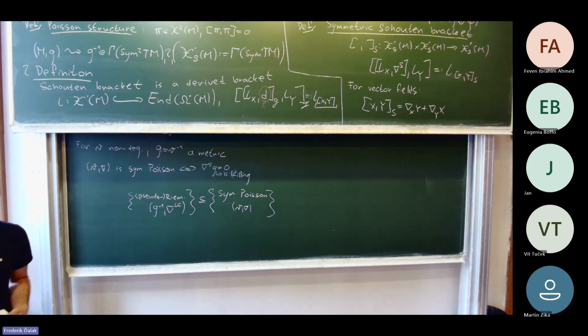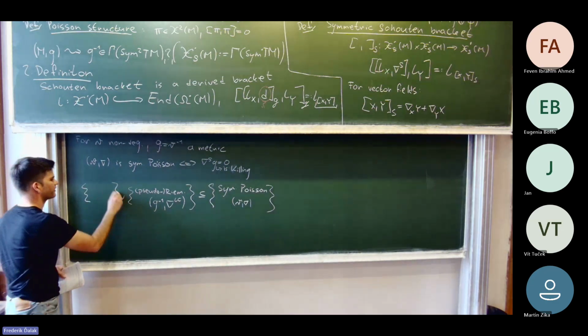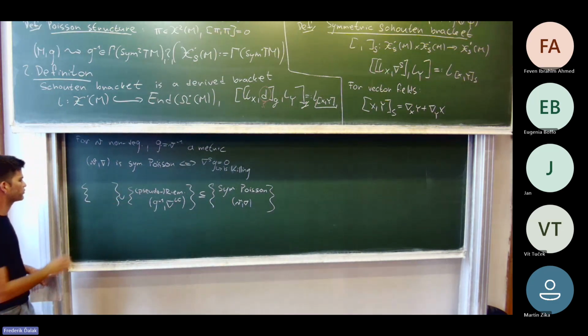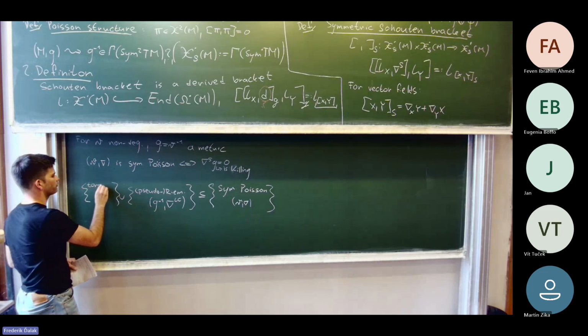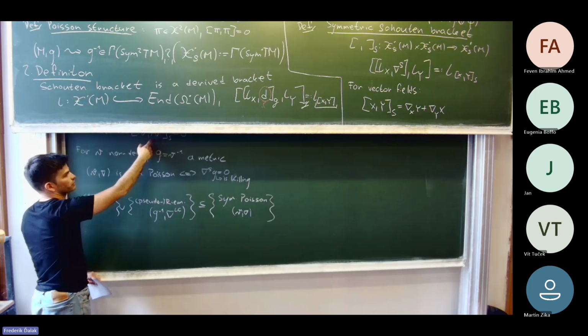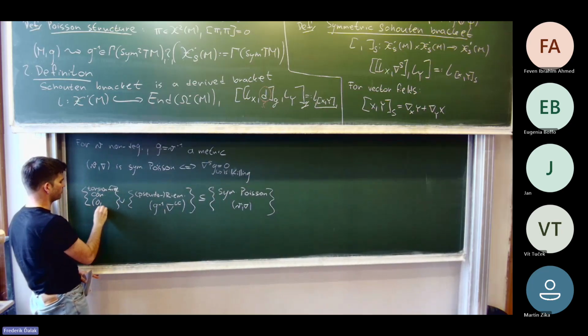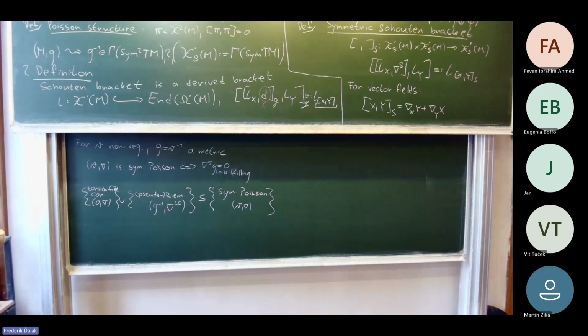You can take a zero theta, and there you get another class of symmetric Poisson structures, and these are like torsion-free connections. When theta is zero, this condition here is automatically satisfied, so any connection can be seen as a symmetric Poisson structure.